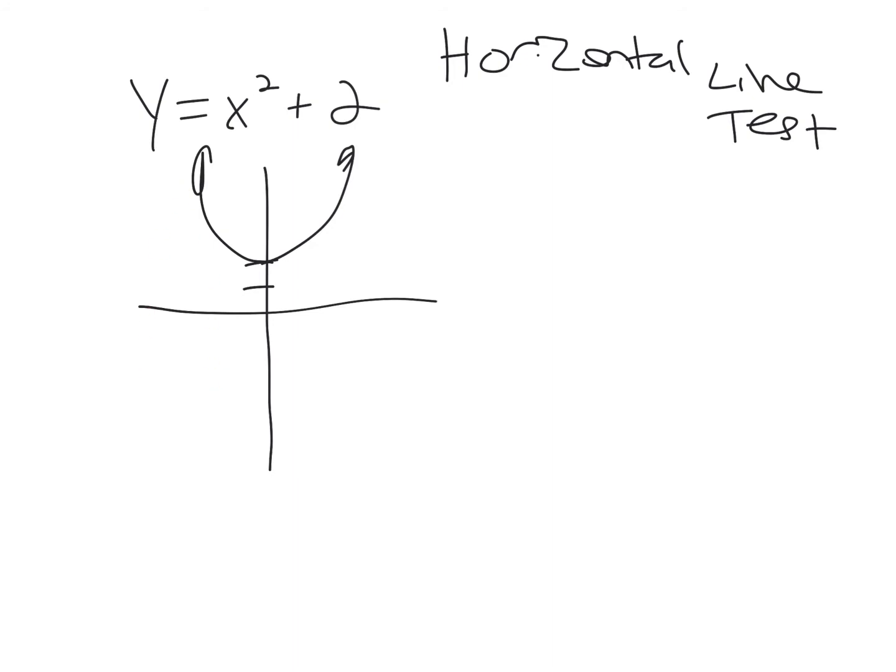So if the inverse has any two of the same y values for two different x values, then it's not a function. Remember, with inverses, the x's and y's flip. So instead of the vertical line test, it's a horizontal line test. Is there any point where for a given y value there are multiple x's? Oh, yes, there is. So this does not have an inverse function. No inverse.